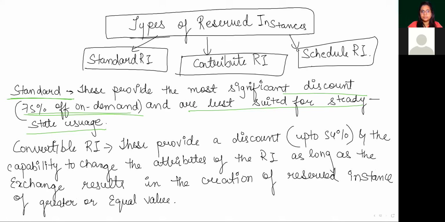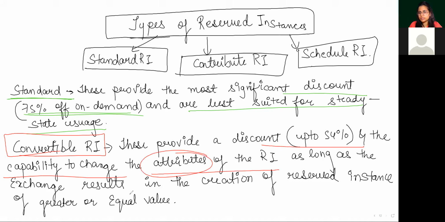So they are trying to say that convertible reserved instances provide a discount of 54% and the capability to change the attributes, meaning you can change the previous settings that you made while making the reserved instance. In standard, you can't change. Remember that.